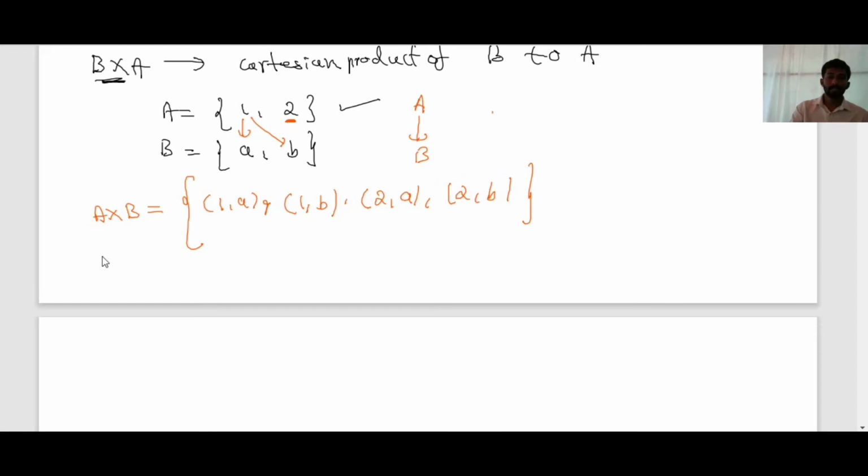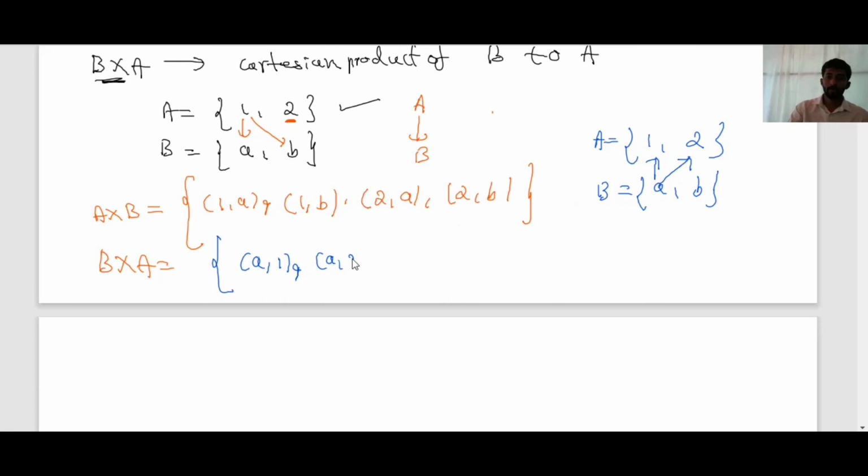Then what's the Cartesian product of B to A? Again, it's a set of all ordered pairs from set B to set A, right? So it's a set, first use the set notation. Now see, you need to go from B to A, right? Combine this one, what you will get? First element a to 1, (a, 1). Then again a to the second element, then you will get (a, 2).